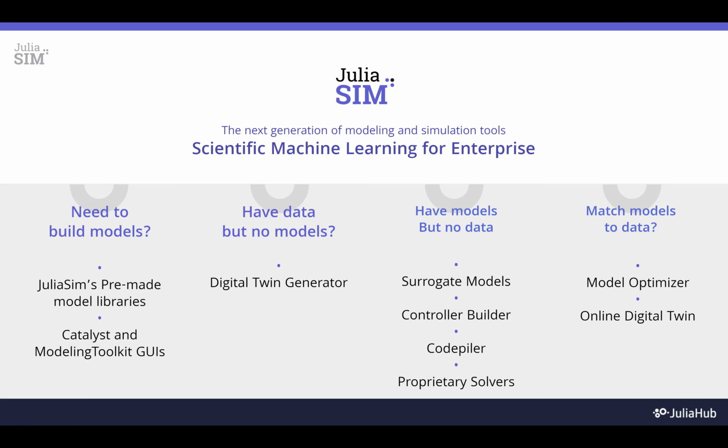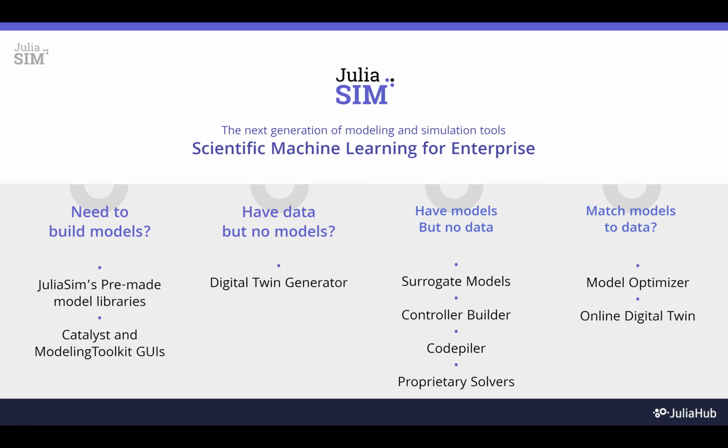What we try to do is be able to support all the classic modeling and simulation tasks. So for example, if you want to build a model from scratch, you can rely on JuliaSim's pre-made model libraries where you can drag and drop. You can, of course, simulate these with the state-of-the-art solvers, some of which are proprietary to JuliaSim.